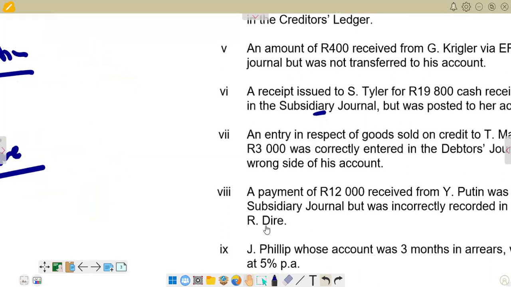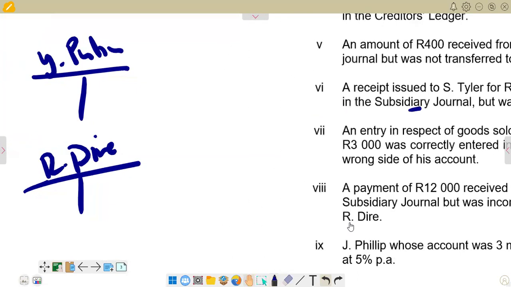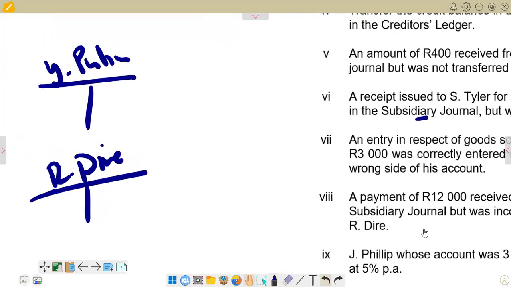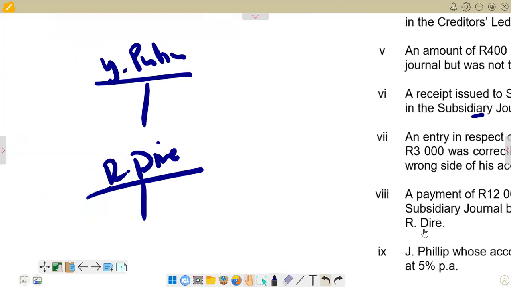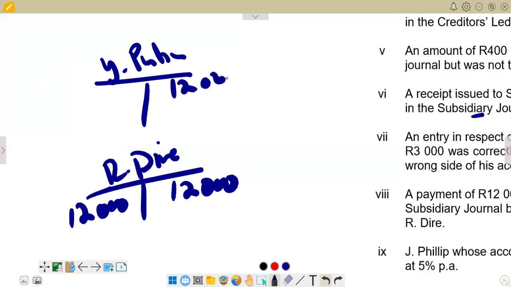Remember, this was from Y Putin, but it was recorded in the wrong account. Remember, when a payment is made by a debtor, we are supposed to credit that debtor's account. So this 12,000 is on this side of Aladdin. So we are supposed to remove it and put it in Y Putin's account. So basically we debit to remove it from the wrong account and put it in the correct account. So these are the correctional entries that have been made.